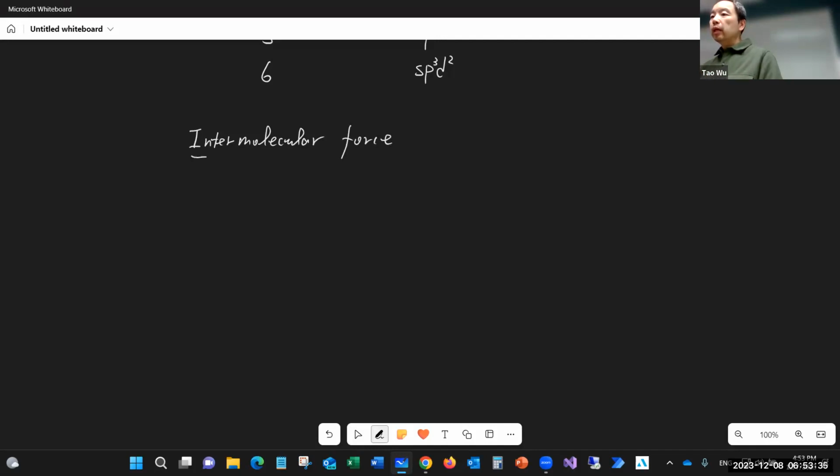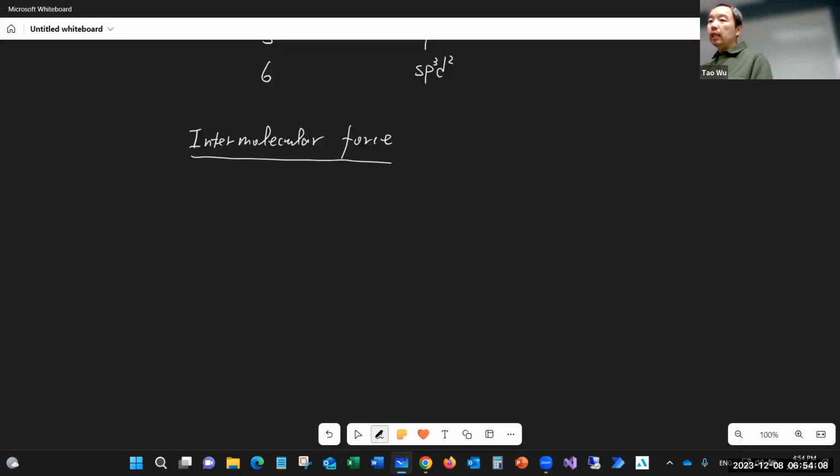Intermolecular force. Do you still remember last time we talked about the molecule, the solid, liquid, and gas states? Generally, it's the same thing. Intermolecular force is a force between molecules.